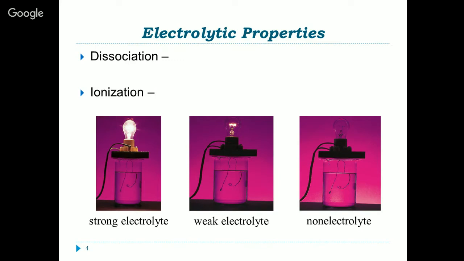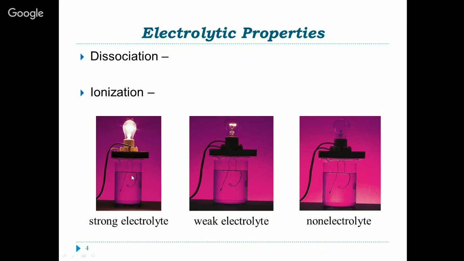The result of this dissociation is called ionization, because when the bond is broken, we're left with 2 different species. One is a cation, one is an anion. And it is those charges that allow the electrical current to flow. We're not transferring electrons in compounds, we're just allowing the electrical current to flow through the solution.